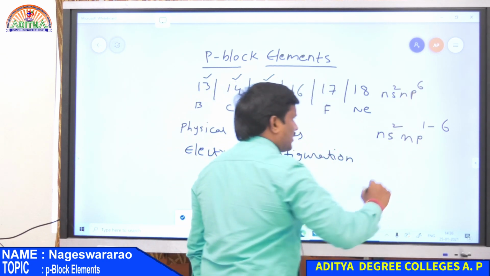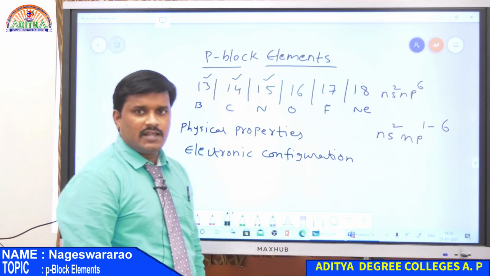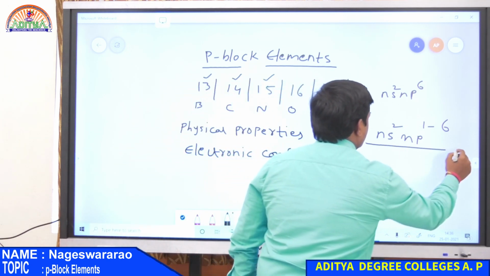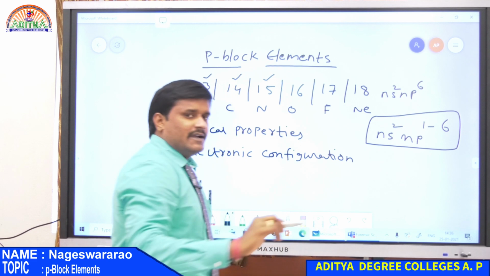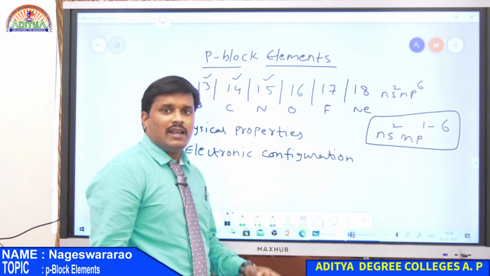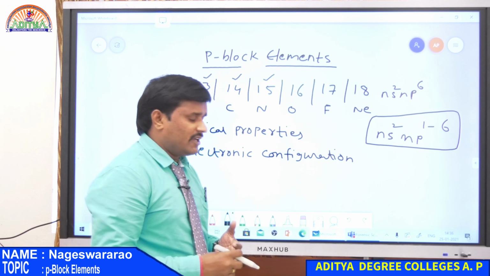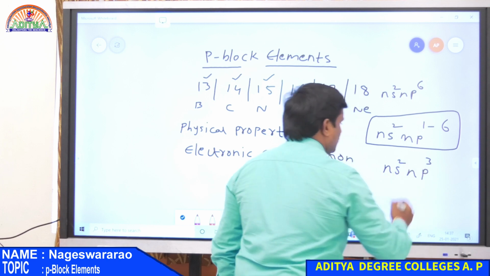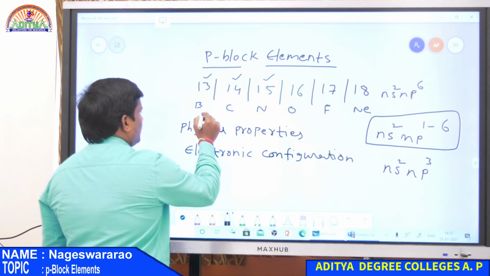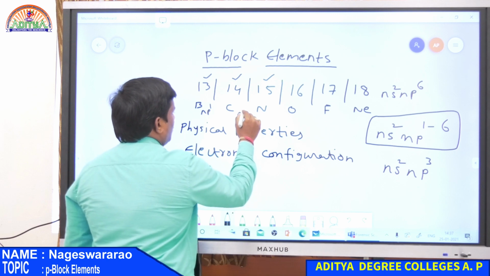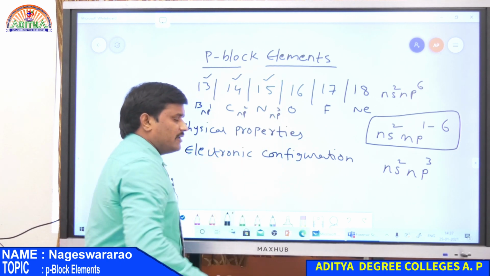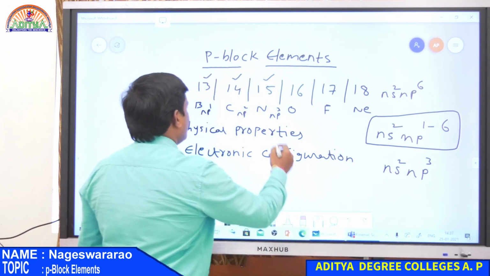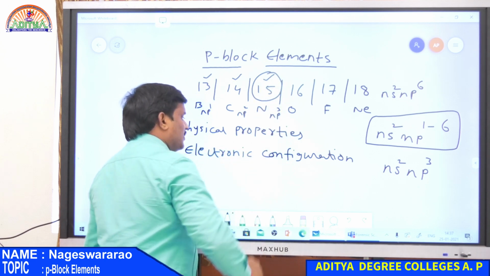For neon, the electronic configuration is ns2np6, where n is nothing but the principal quantum number. So by using this general electronic configuration, we decide the group of the element. If an element has the general electronic configuration ns2np3, so this is np1, this is np2 and this is np3, then it is a 15th group element, that is nitrogen family.